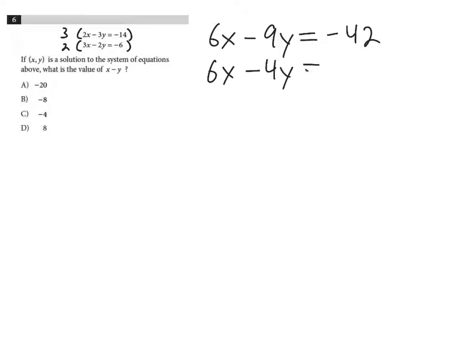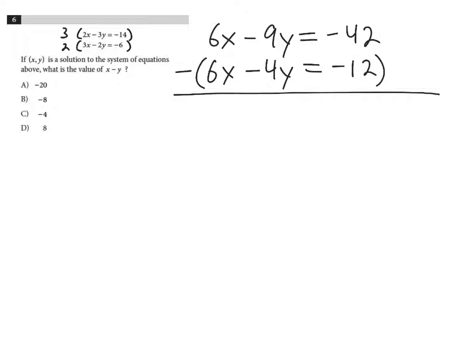So I'm going to end up with 6x minus 9y equals 3 times negative 14. It's going to be 3 times 10 is 30, 3 times 4 is 12. Add those together, we get 42. I know the answer is going to be negative, so it's going to be negative 42. On the bottom, we've got 6x, negative 2 times 2 is negative 4y, and 2 times negative 6 is negative 12.